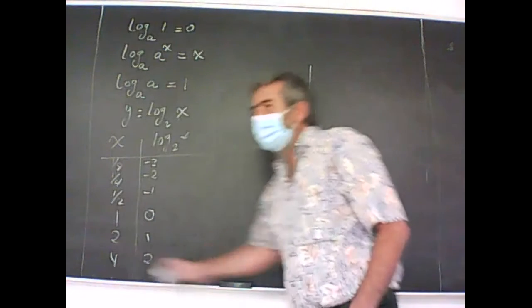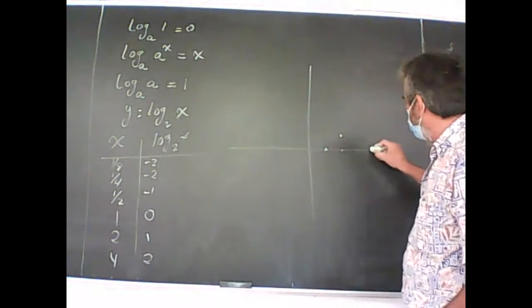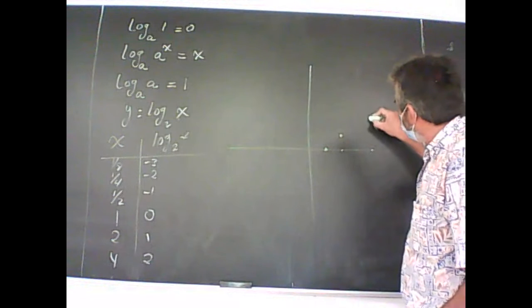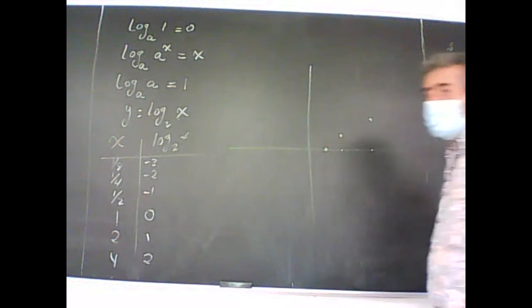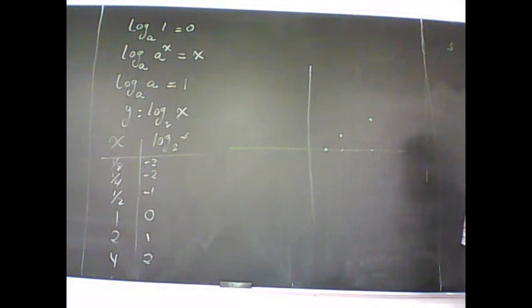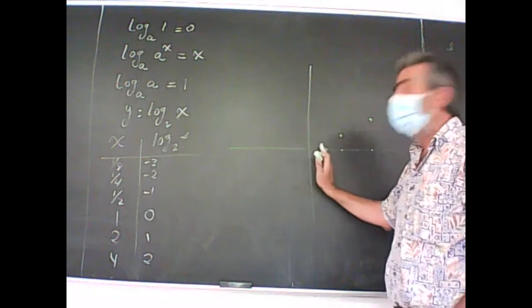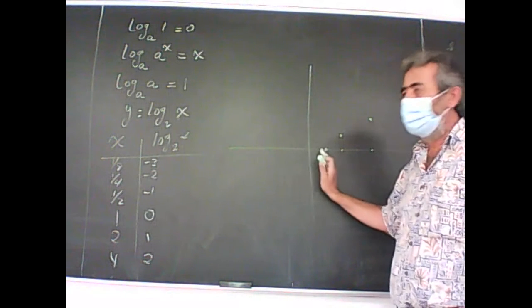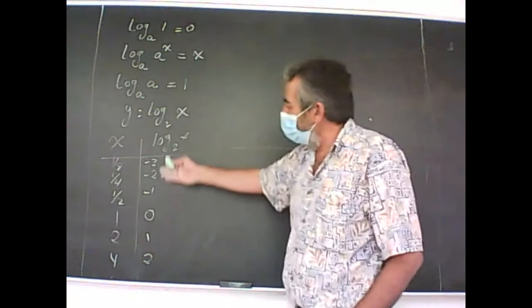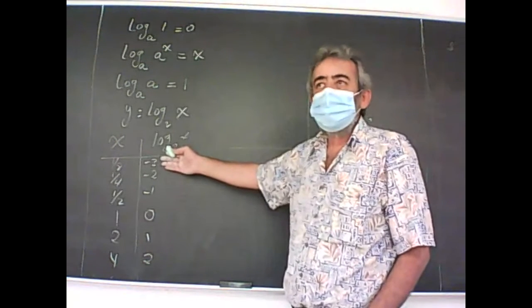At 4, we get 2. Now, below 1, between 0 and 1, all my values are negative.